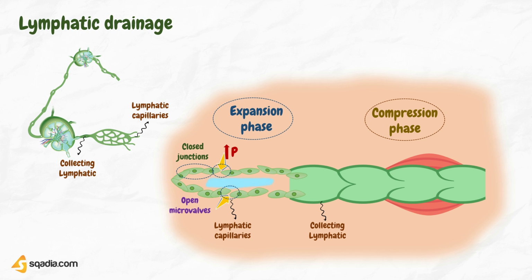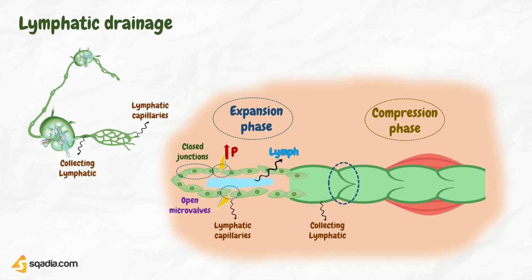But during this phase, secondary lymph valves are still closed. This happens because during the expansion phase, hydrostatic pressure in the interstitium exceeds the hydrostatic pressure in initial lymphatics, causing microvalves to open and fluid to enter the lymphatics.